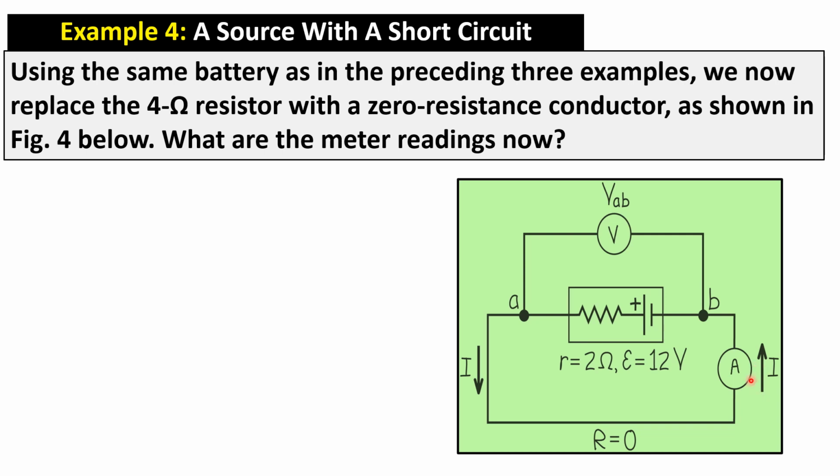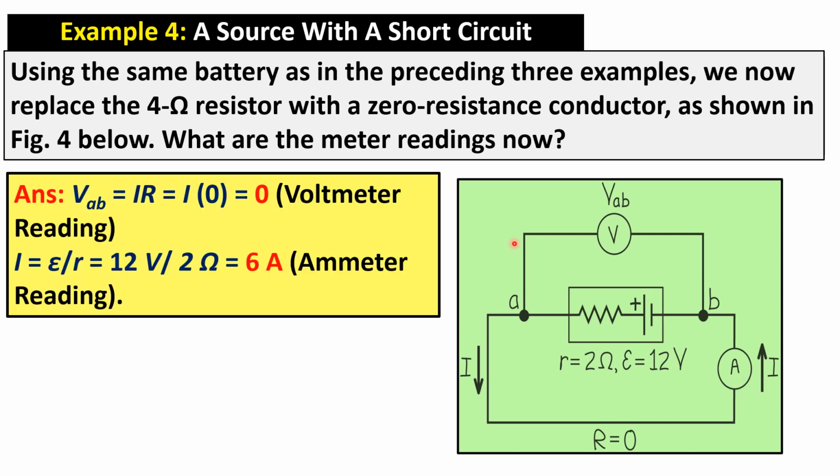Such current can be detected and measured by the ammeter. How much is that current? We use Ohm's law. We are describing first the voltmeter reading. That voltmeter reading can be labeled as V sub AB, and it's equal to the product of current I multiplied by R.